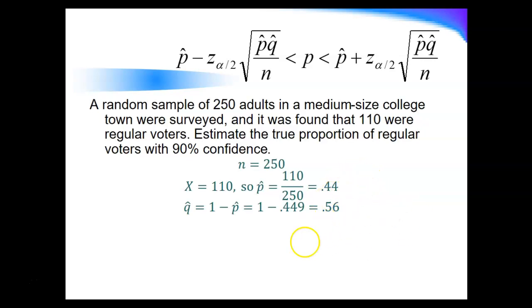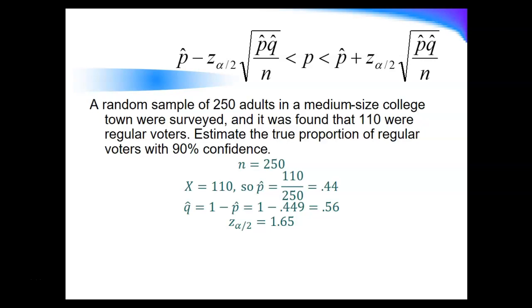But sometimes if you get more decimal places than that, make sure you keep at least as many as your final answer is going to have. And we're doing a 90% confidence level. So the number we use for z sub alpha over 2 is 1.65. If you don't remember that, look that up on your 7-1 notes.